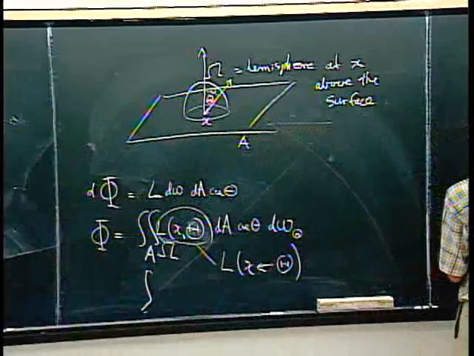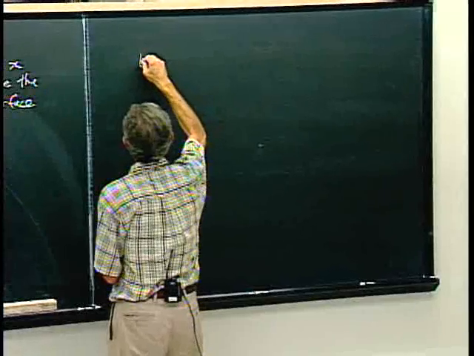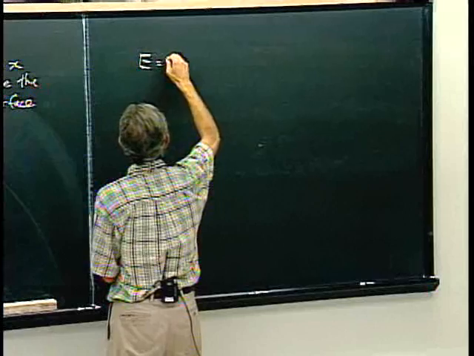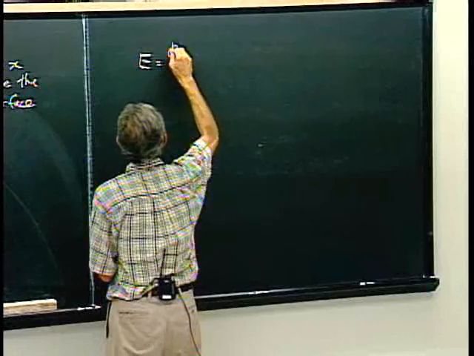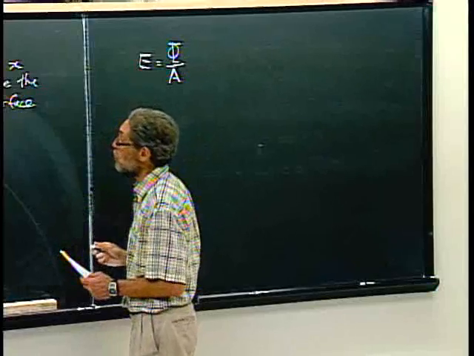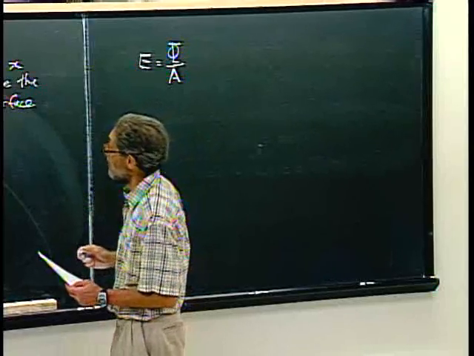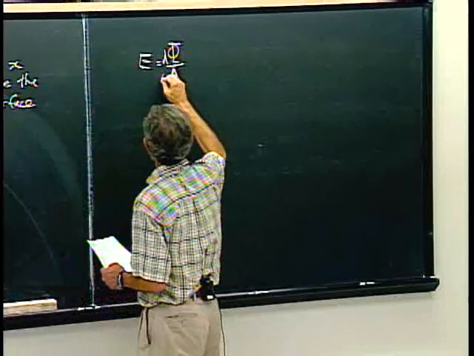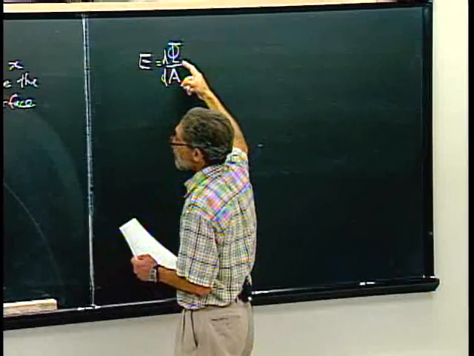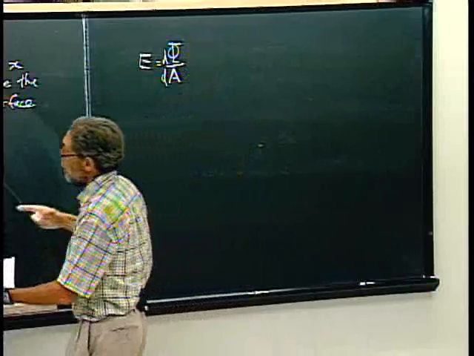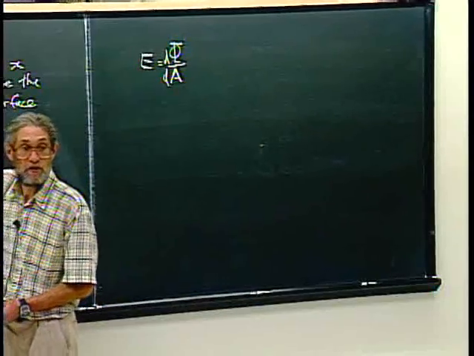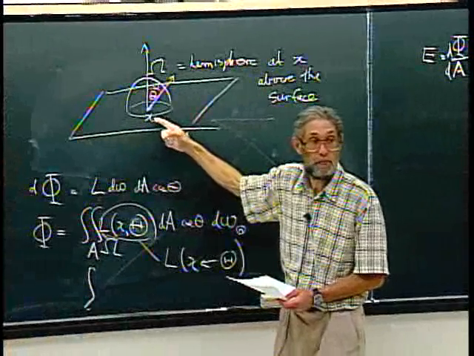So now I can say the irradiance should be this flux over the area, dΦ over dA, where this is the integral similar to what I have here, but for a small area where the area is so small that the flux really doesn't depend on the position x.